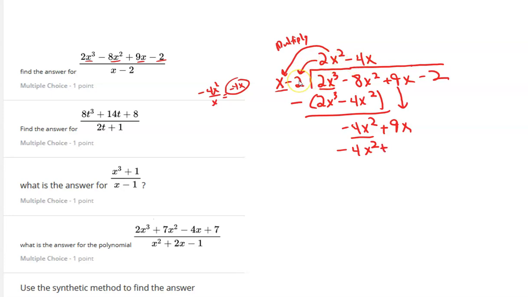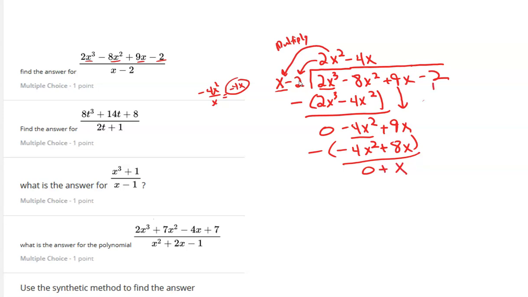Negative times a negative is a positive 8x. And after you multiply both, you put it in parentheses and subtract it. These two are going to cancel. A negative minus a negative, that would be 0. Same thing up here. I should have put 0 right there. And then 9 minus 8 is just x, 0 plus x.